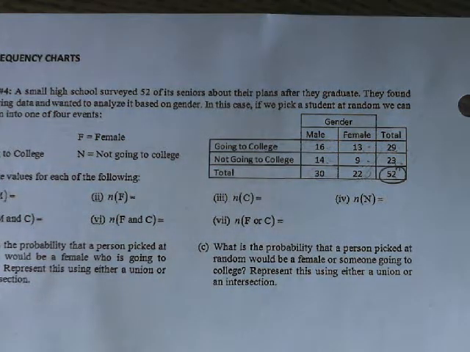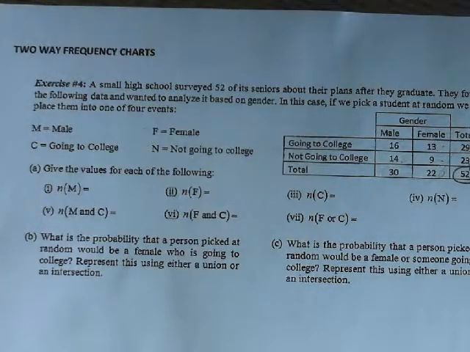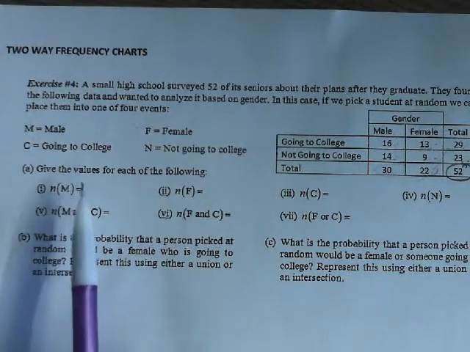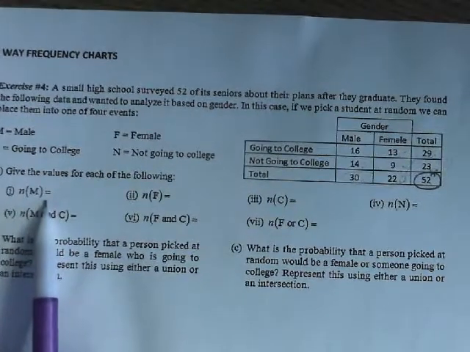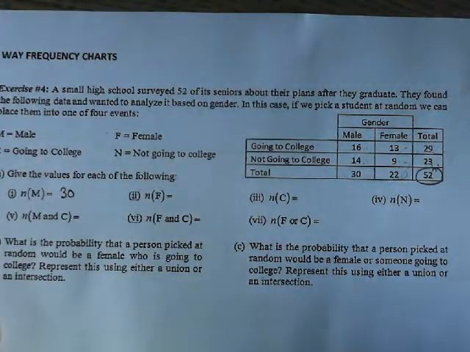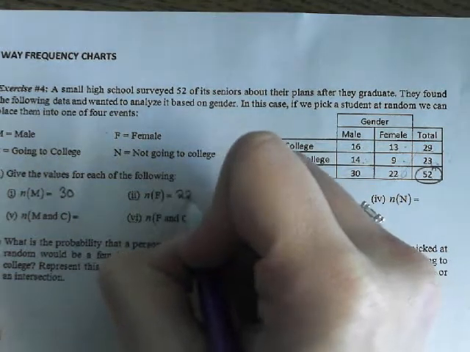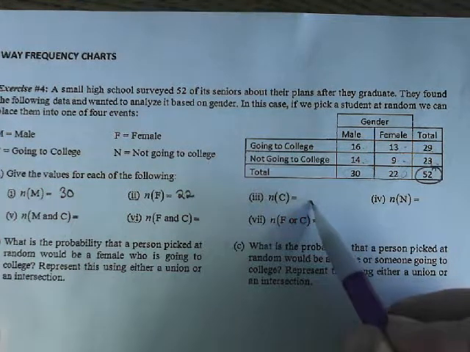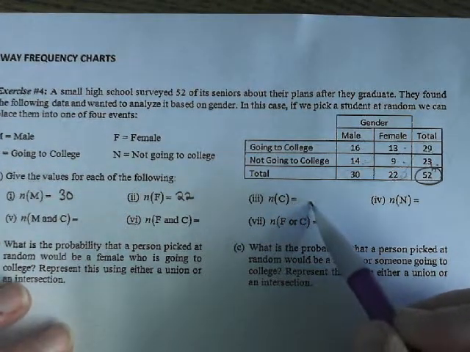So here's our data. There are 4 categories given to us by a capital letter, just so we don't have to write so much. And here's that N notation again. So what was our number of males? 30. What was our number of females? 22. What was our number who went to college? 16?